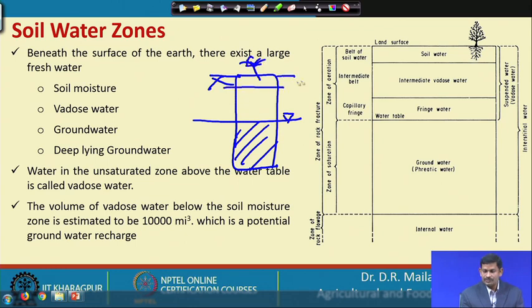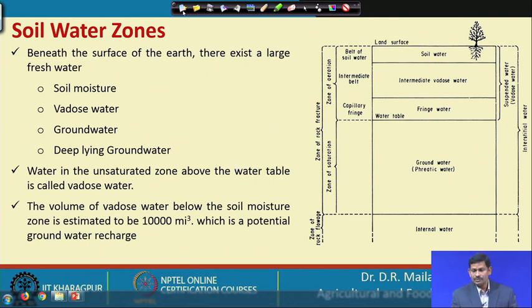The first zone you see is the soil water zone, the second is the intermediate zone, and this is the capillary zone, because the groundwater can move upwards due to capillarity. So these are the main zones: soil water zone, intermediate zone, capillary fringe zone, groundwater, and this is internal water, which is not accessible for usage.